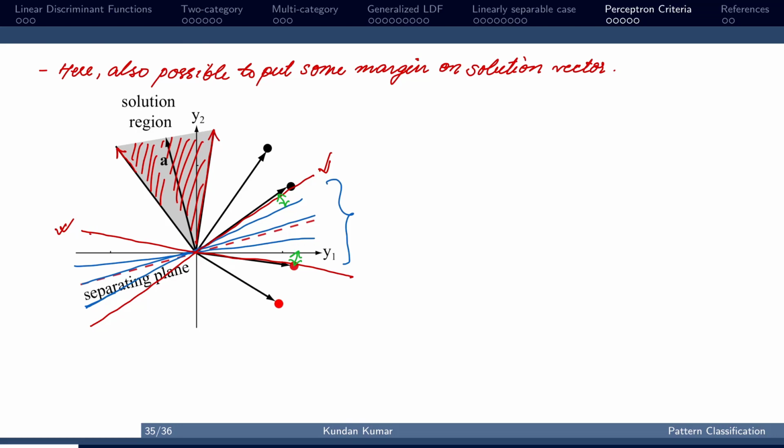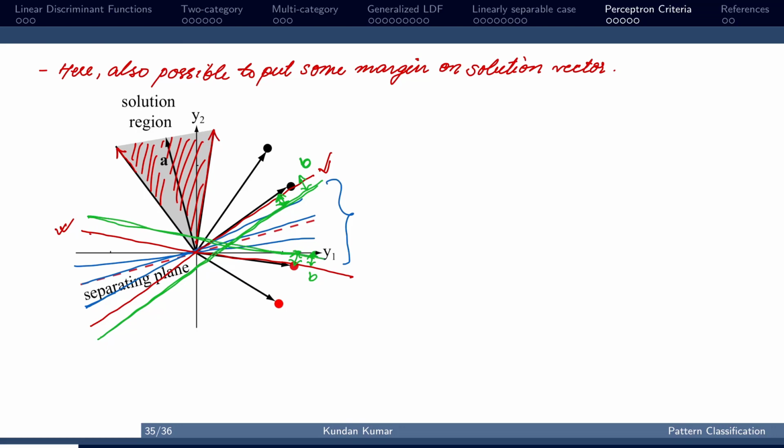Okay, so suppose in this case we are considering this amount of safety, then we will have a decision boundary something like this, because we have the b amount of safety, the margin that we have considered. So on this side also, if we consider b, our decision boundary will be something like this.